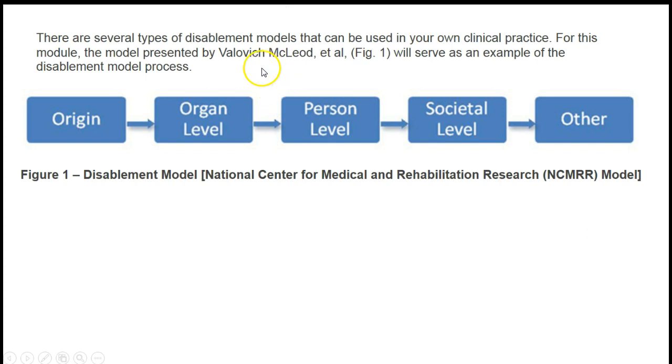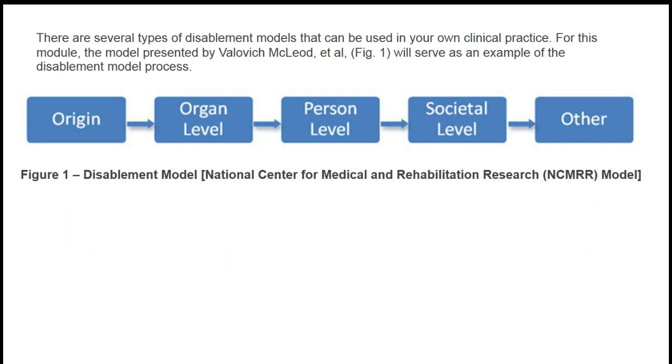The one that I'm presenting to you, I borrowed from Mickliold et al. because I really believe that she presented one of the best ways to look at the disablement model in clinical practice. So what you have in front of you are the 5 classifications in the disablement model. In other words, the things that we should include when we are working with a disablement model of patient treatment.